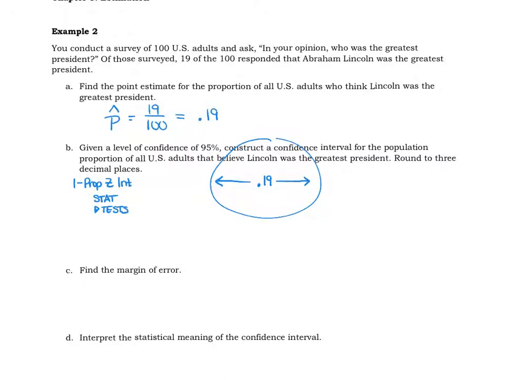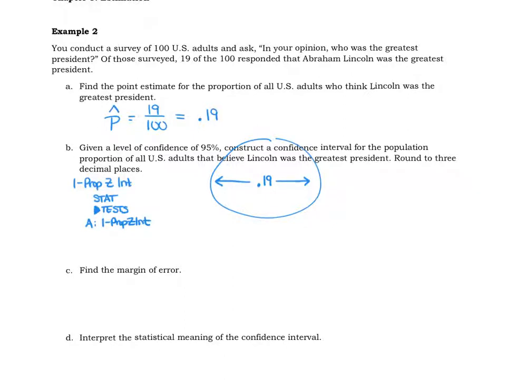Be careful, there's a 1 proportion Z test. That is not what you want. You want 1 proportion Z interval. For me, it's item A. For you, it's usually close by to A, but sometimes my A is your B or vice versa. So make sure you're finding 1 proportion Z interval, not test.